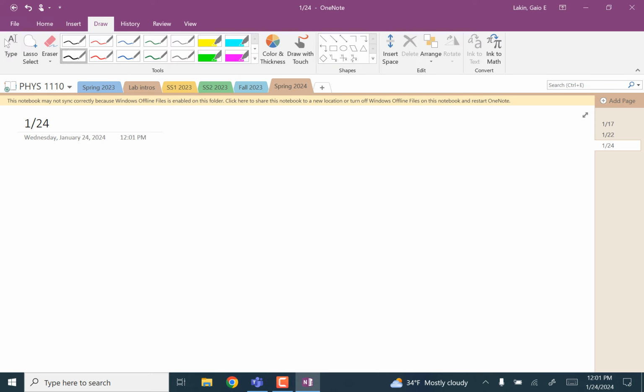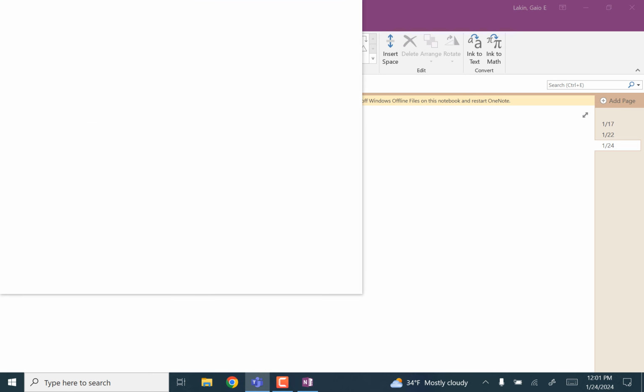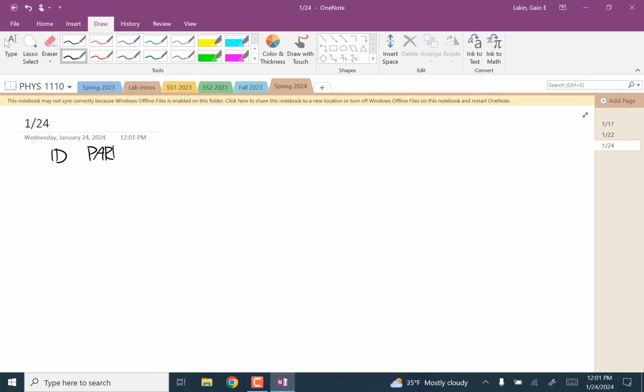Well, we are doing kinematics now, 1D particle kinematics. 1D means motion along a line.